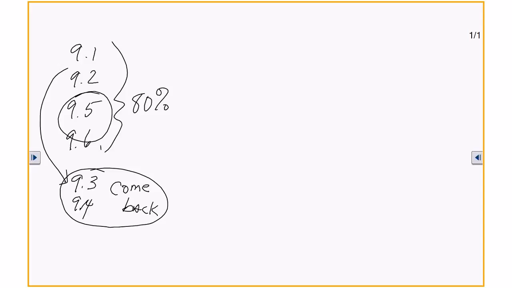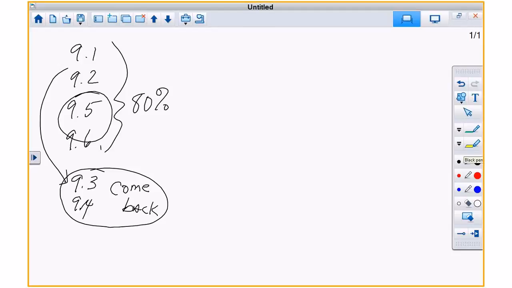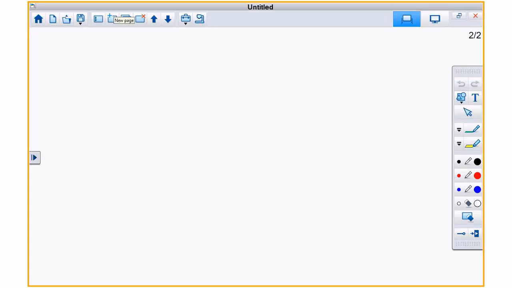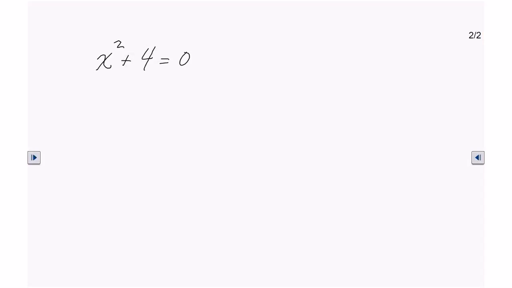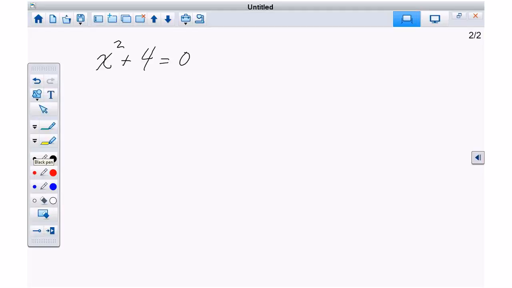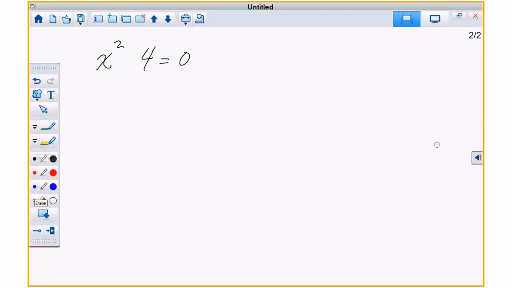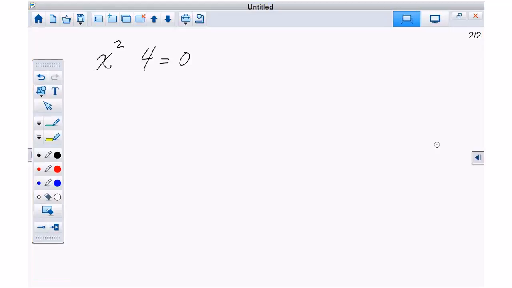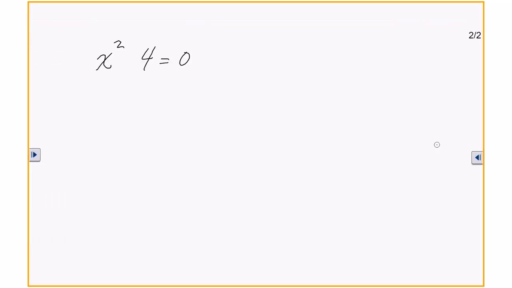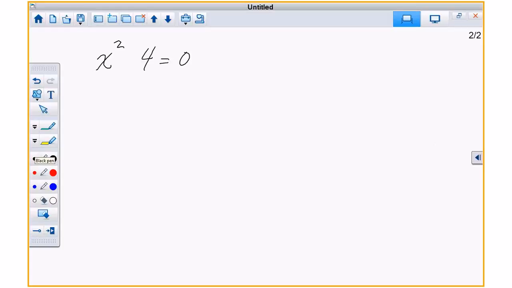Today we're going to start with a little bit of review over algebra. Now, if I was to ask you to solve x squared minus 4 is equal to 0, there are several ways that you can do that.